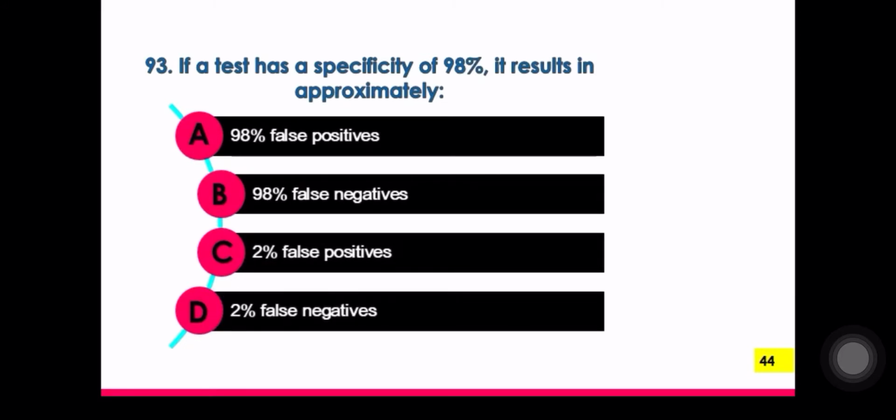Correct answer po is letter C, 2% false positives po. Yan, for number 93 po, letter C. So, for specificity, more true negatives and few false positives po.